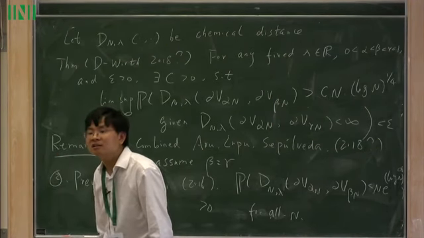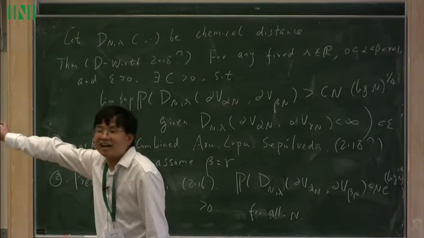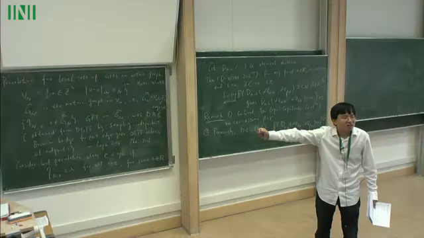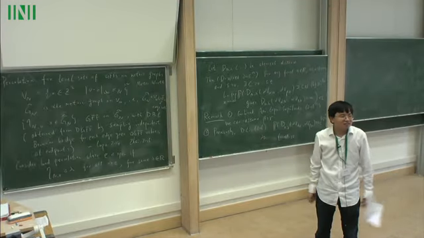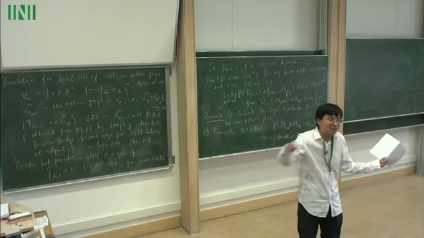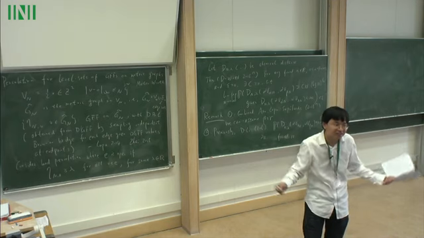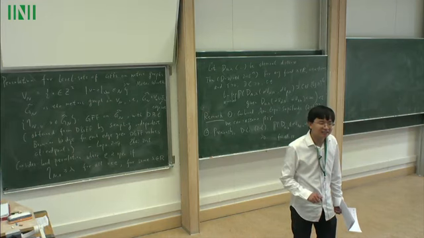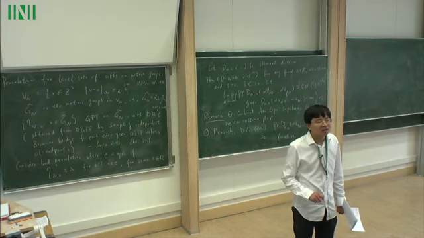Say that again? Each edge counts 1. If in the percolation cluster you have a path, the minimal path goes through this number of edges. That number is the distance. Is that clear now?